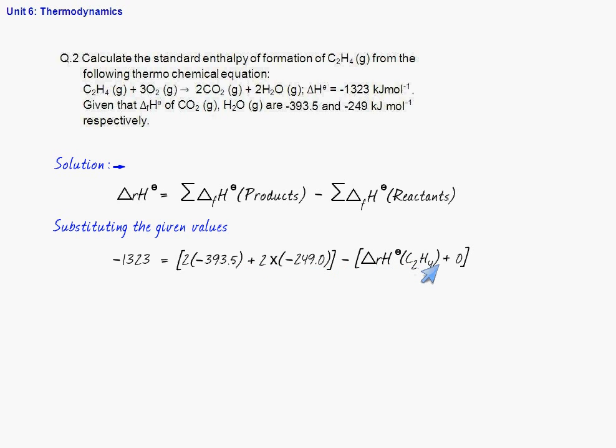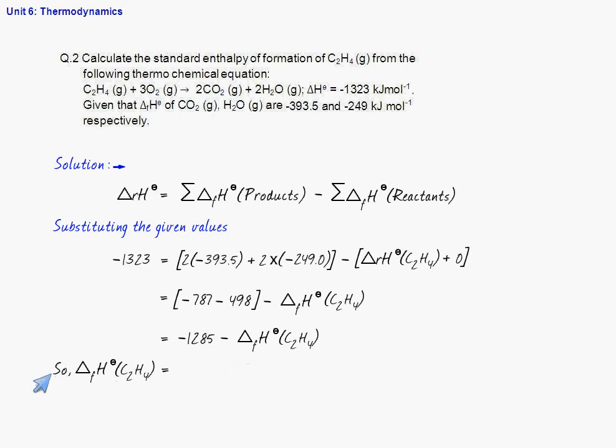And this comes to be minus 787 minus 498, and then minus delta fH naught C2H4, and this is equal to minus 1285 minus delta fH naught C2H4. So delta fH naught of C2H4 is equal to 1323 minus 1285, that is plus 38 kilojoule per mole.